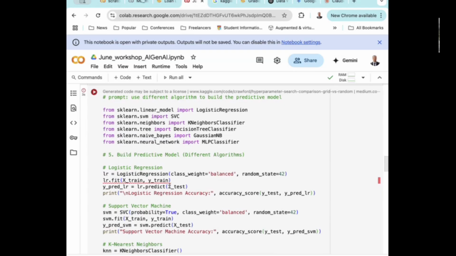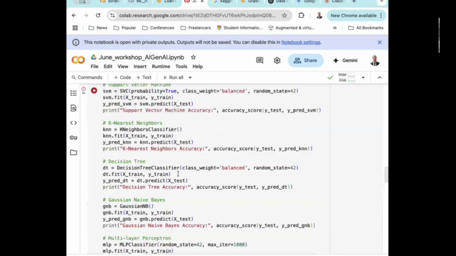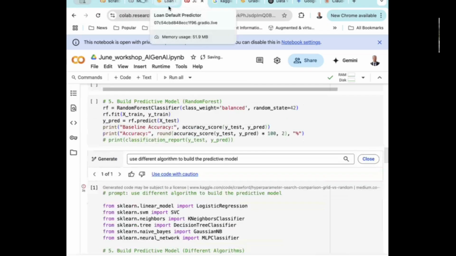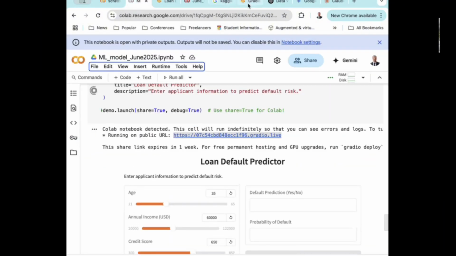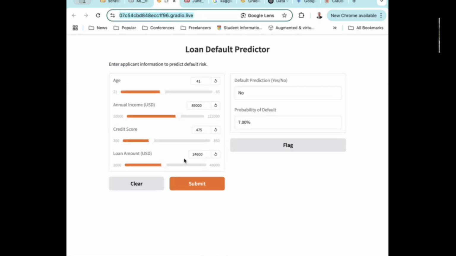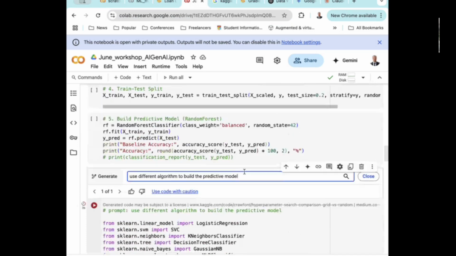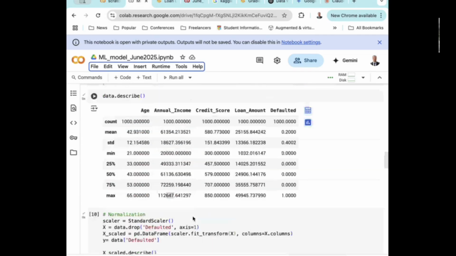Now, by using different algorithms, X train, Y train, there's an error, it is not defined. Oh, sorry, not this. Is it this? This is the one. Sorry, I used a different one. It's all right. So let's copy the prompt. I'm so lazy to write it again with a lot of typos. We are just getting lazier and lazier because of this technology.